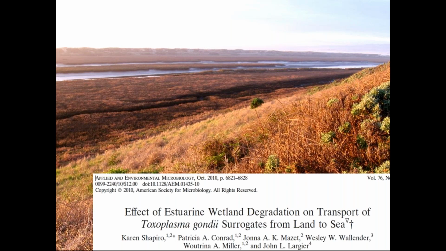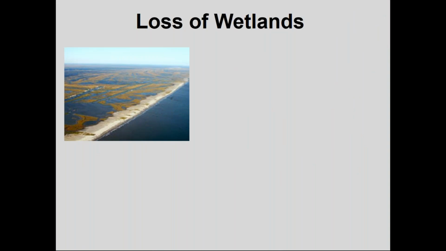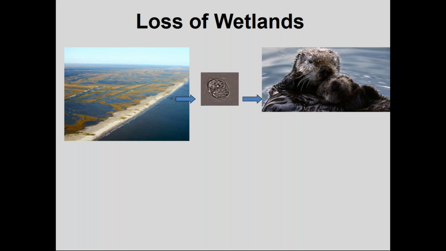This is the associated paper with Karen's work and looking at how wetland degradation affected the flow of Toxoplasma oocysts into the ocean. And she used a surrogate that was developed that had similar size and properties to Toxoplasma that she could actually release into the environment. And there's been very dramatic loss of wetlands in the California area.